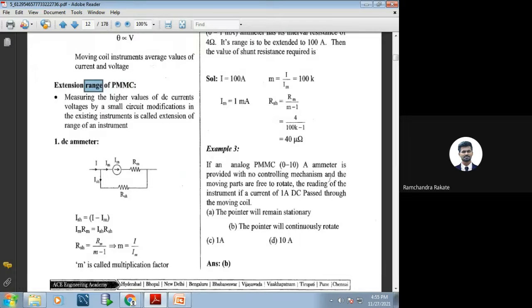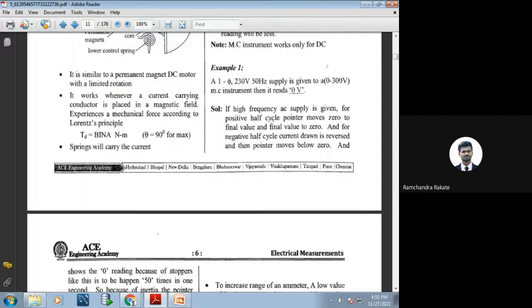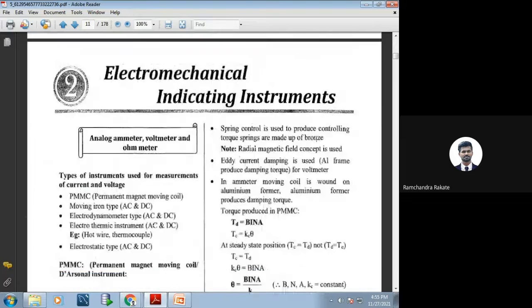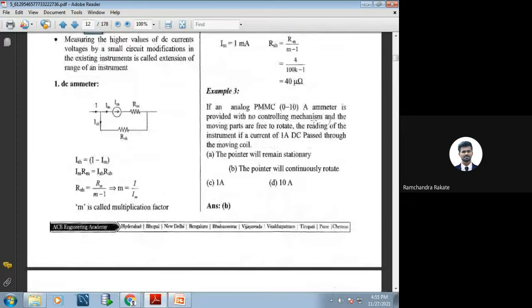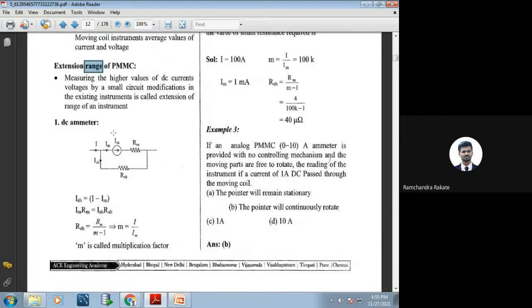Correct. At the start of the session we discussed the range. When your instrument is used for a minimum and maximum range, and it is not acceptable or not best suited for your particular application, then what do you suggest? You suggest some kind of modification, because we cannot always replace the instrument.